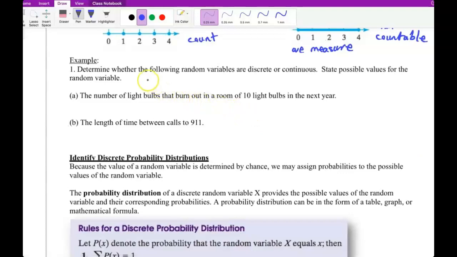Example number 1, determine whether the following random variables are discrete or continuous. Part A, the number of light bulbs that burn out in a room of 10 light bulbs in the next year. So here, this part is discrete because we can count these.